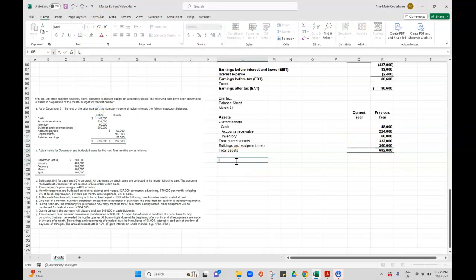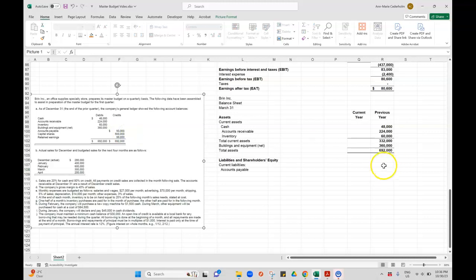And now I'm going to look at my liabilities and shareholders' equity. And we'll start with my current liabilities. And in this case, it's accounts payable, and that is for the 93.